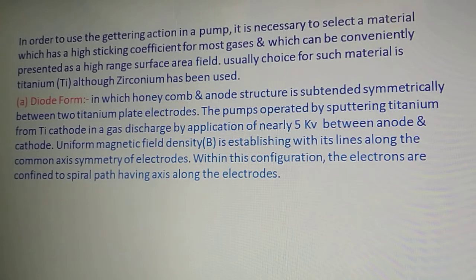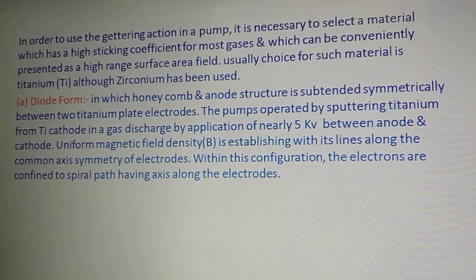In order to use the gettering action in a pump, it is necessary to select a material which has a high sticking coefficient for most gases, and the material used for a high sticking coefficient is titanium, which can be conveniently presented as a high surface area film. Usually the choice for this kind of material is titanium, although zirconium can also be used, or instead of titanium, zirconium has been used in many cases.